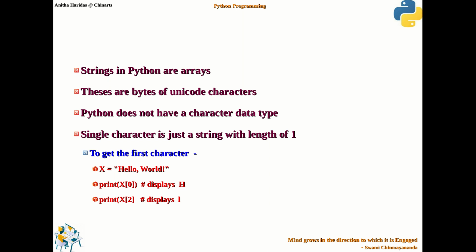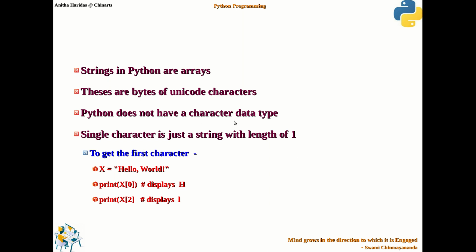Please recollect, char is a character data type, but a character data type is not available in Python. So if you want to have a single character, you need to declare the single character as a string with length of 1. So this point all of you must observe closely.